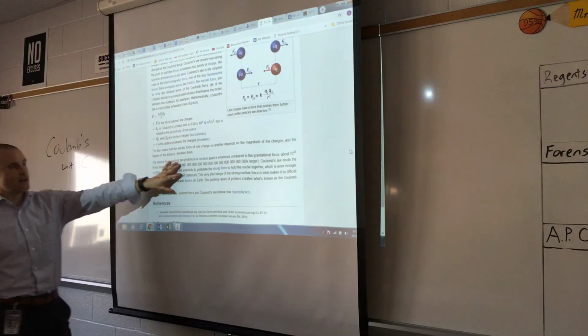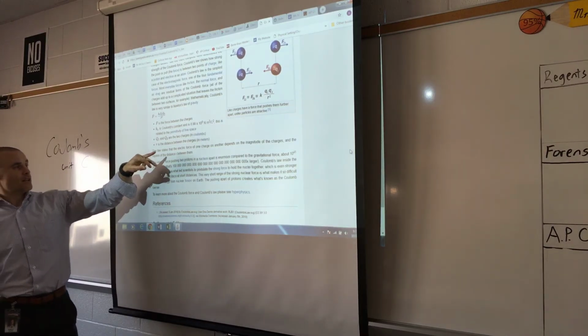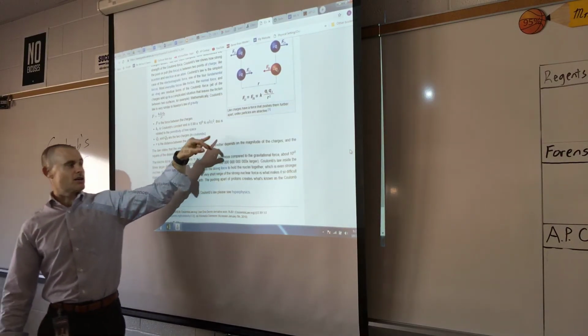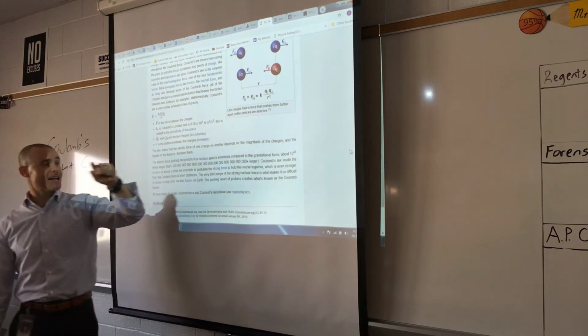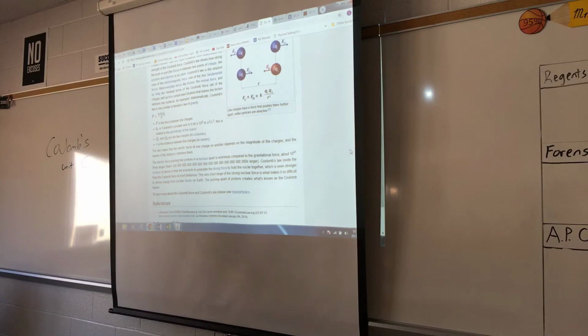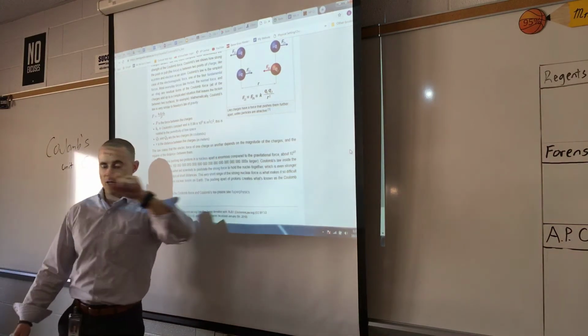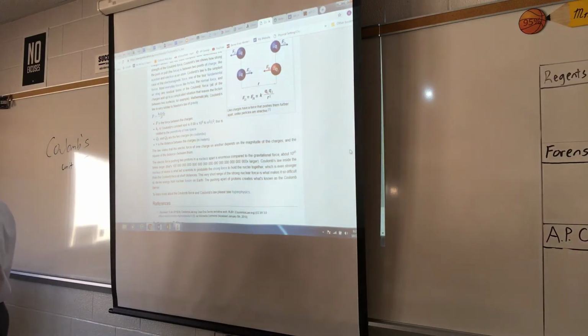I thought this was interesting here. Oh, and you do need to write this down too. The electric force of one charge on another depends on the magnitude of charge and the square of the distance between them. So I want you to write this down. The magnitude of the charge plays a big role. What does that mean, the magnitude of the charge?